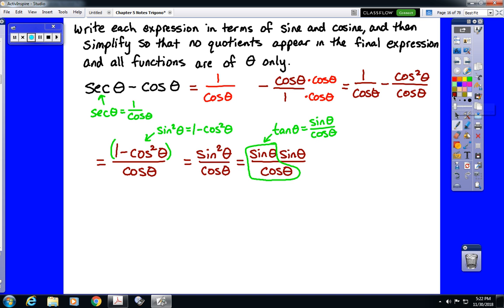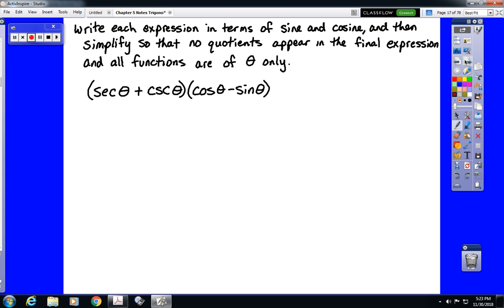So we can substitute a tangent into that expression, giving us a final answer of tangent times sine. It's really more about practicing our manipulation here. It's all about working our way through what the common tricks are. So we've got a few more to do.